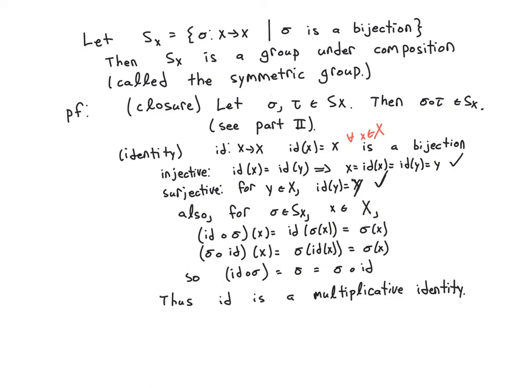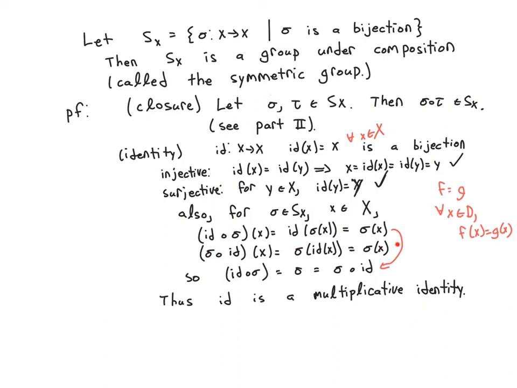Now, this is the definition of equality of functions, if you might remember. To say that two functions were equal, they had to have the same codomain, the same domain, and for all x in the domain, f of x had to be equal to g of x. So that's what we just checked.